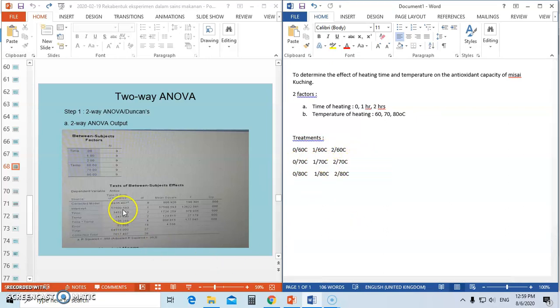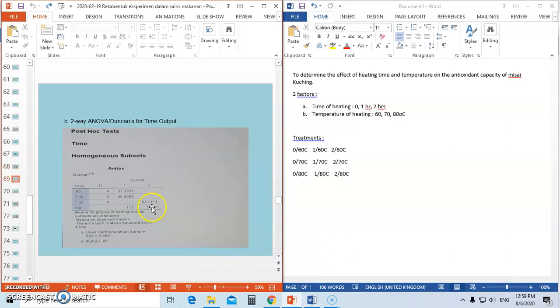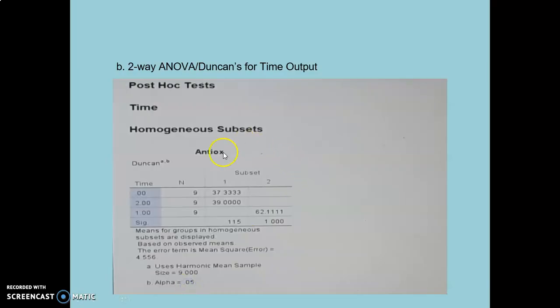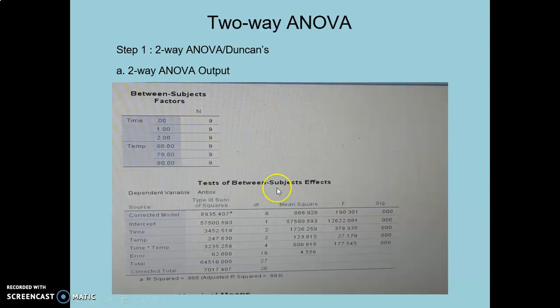Okay, so when we want to do a two-way ANOVA, we input it inside the software. In this case it is SPSS, and then we will get an output like this. Looking at this output, let's look at the ANOVA table first.